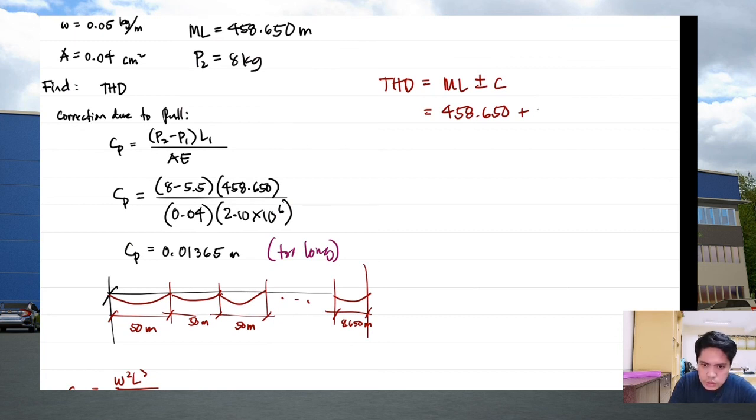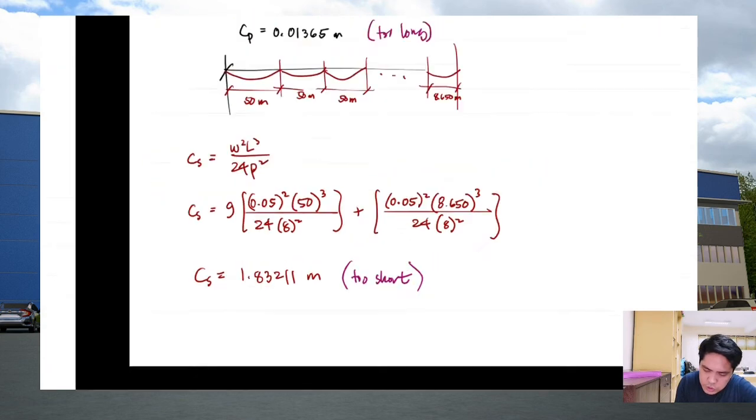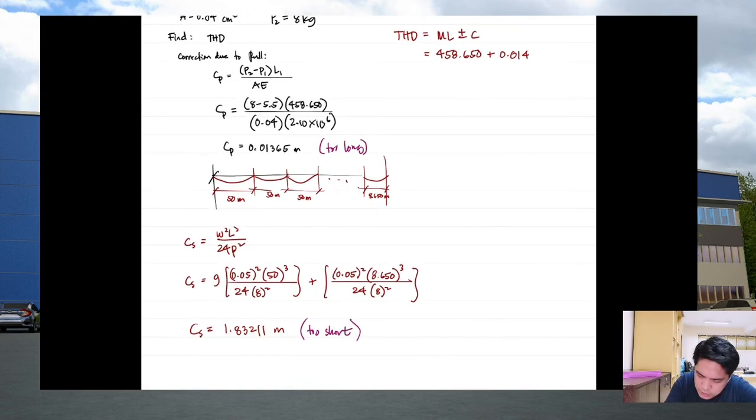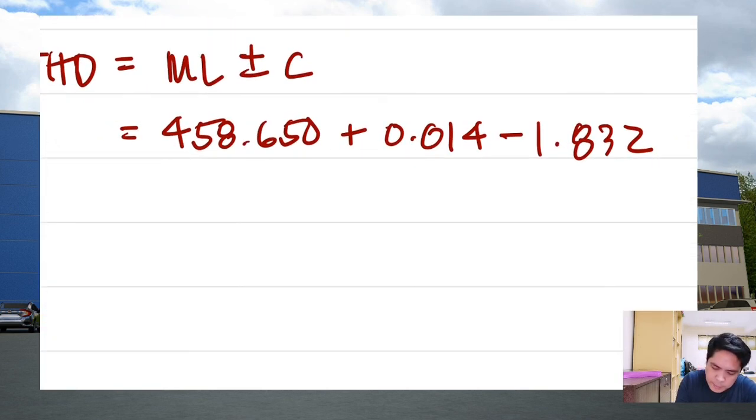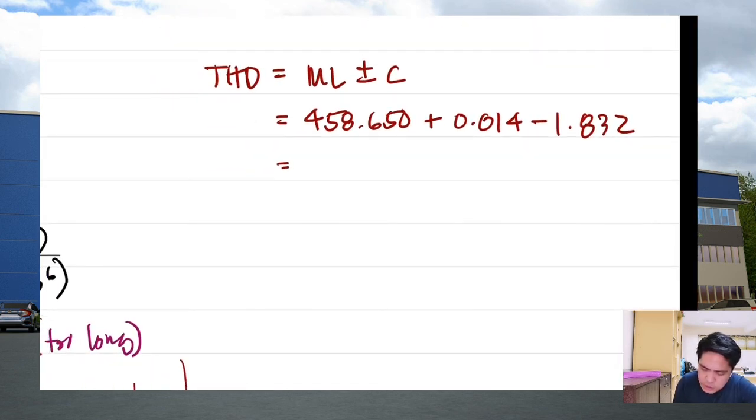Remember, measuring and too long, that's plus 0.01365, or I think let's just use 3 decimal places na lang para consistent. So 0.014. Then eto, this becomes too short, so we subtract because this is measuring. So minus 1.832. Ayan. So that would be the correct length or the correct distance measured.